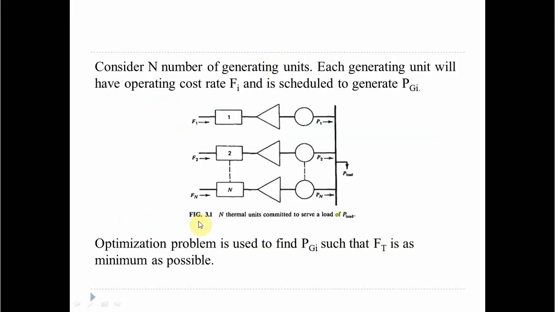Now this particular concept is used for the economic dispatch problem. Again we'll consider the same set of n thermal units. Each unit will have an operating cost rate Fi, and it is scheduled to generate PGi.